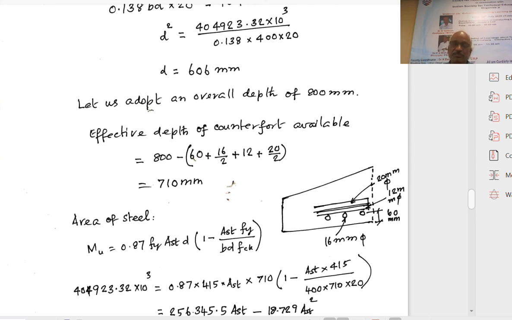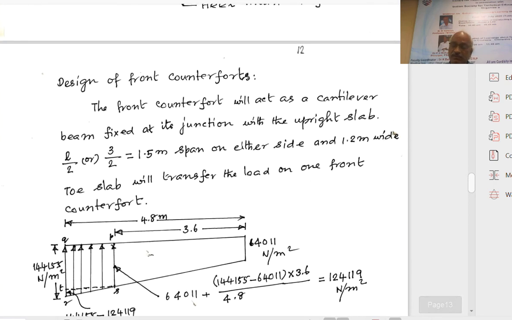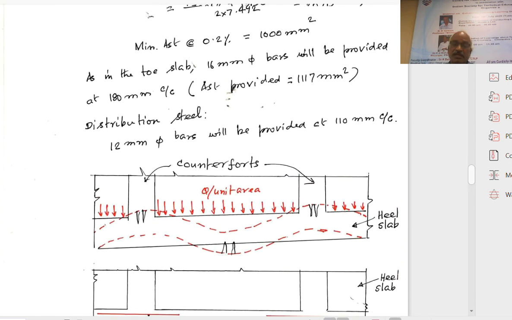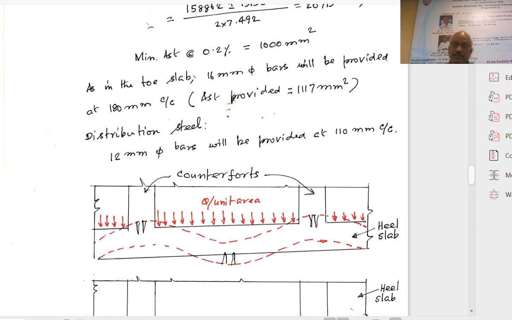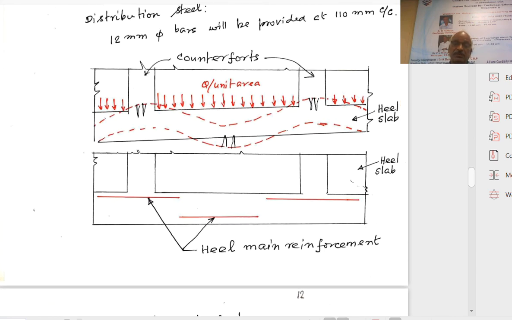If these diagrams are individually understood, the design will not be a problem, nor will understanding any drawing. All these cross sections, everywhere we have to provide the steel, you have to remember. So this will be required for understanding the longitudinal section.